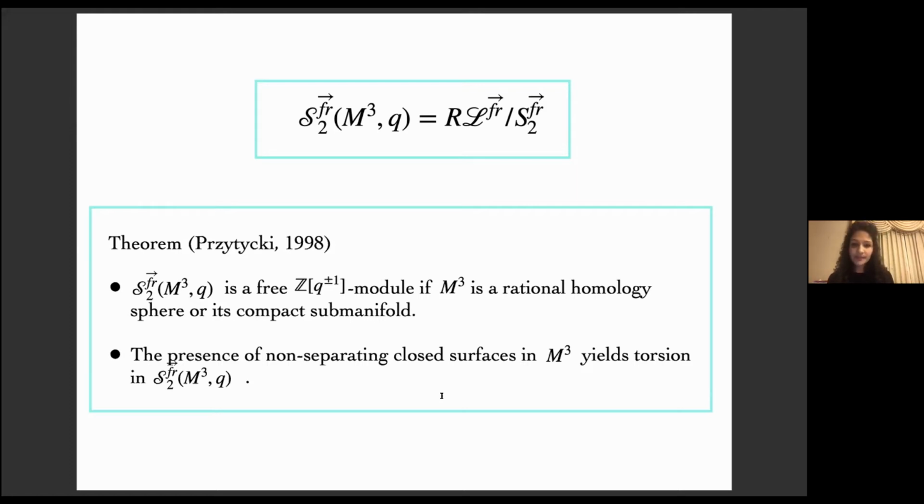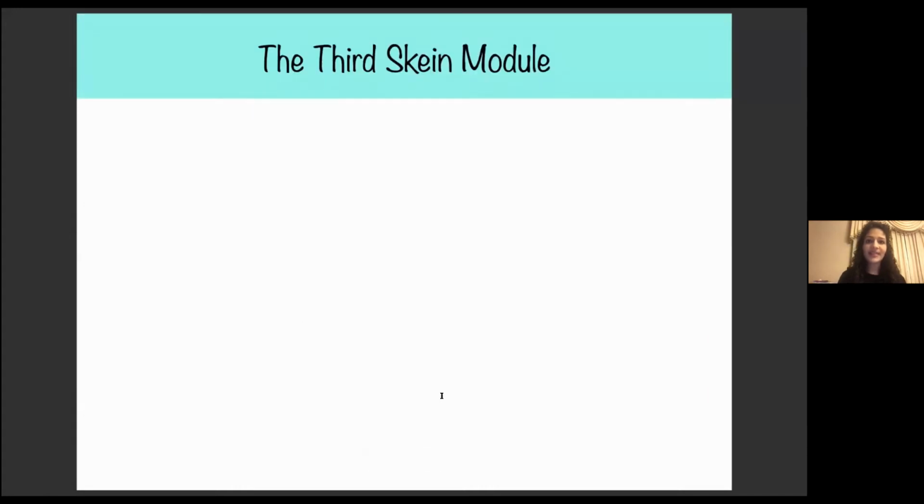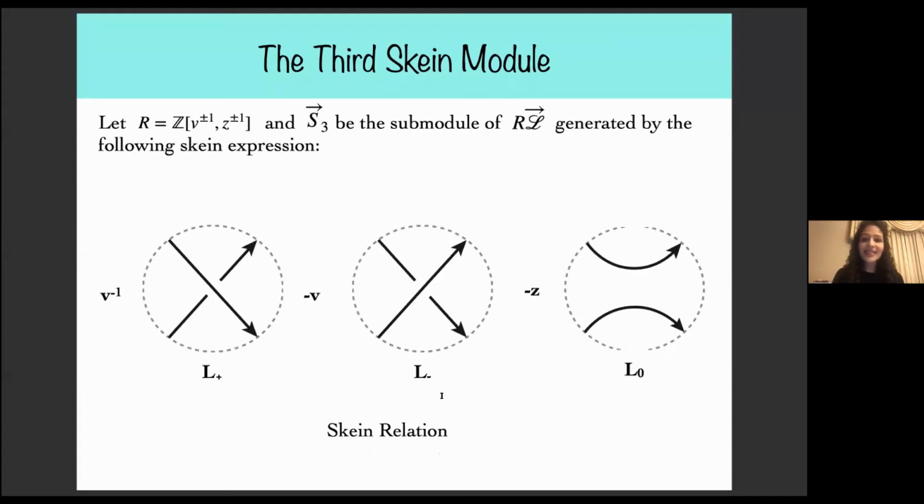Okay, so the next Skein module that I want to talk about is what's known as the third Skein module. So we consider formal linear combinations of ambient isotopy classes of oriented links over this ring. And then we take the submodule, which is generated by this Skein relation, V inverse L plus minus VL minus Z L naught.